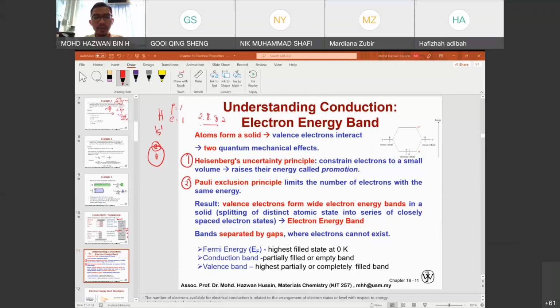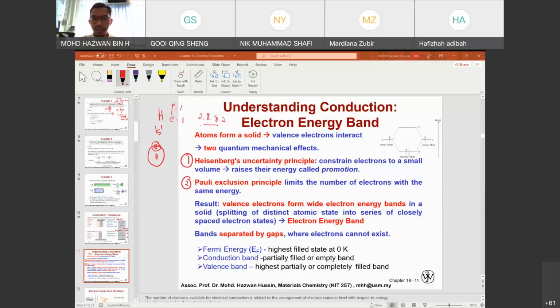And this valence electron is normally related with any sort of interaction. If it wants to form bonding, for example, ionic bonding, covalent bonding, you learn this. This electron normally in valence band will actually experience the promotion, transfer, and whatsoever.